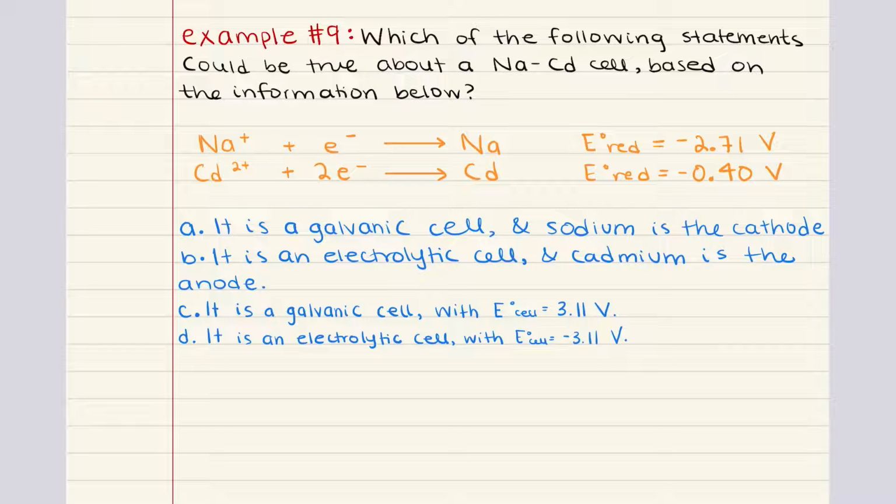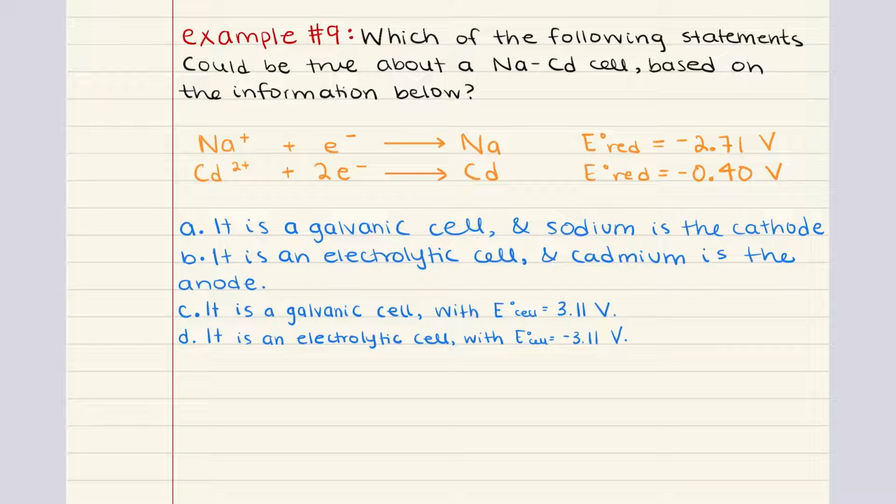A galvanic cell generates electrical energy from spontaneous redox reactions. Here, the species with the higher reduction potential will be reduced at the cathode, and the species with the lower, or more negative, reduction potential will be oxidized at the anode.